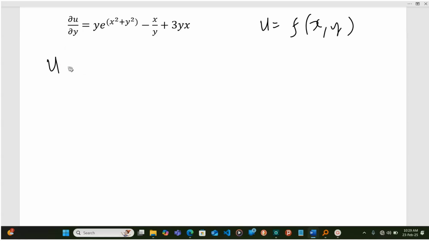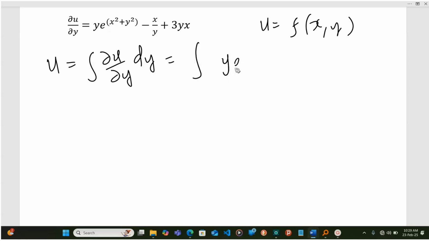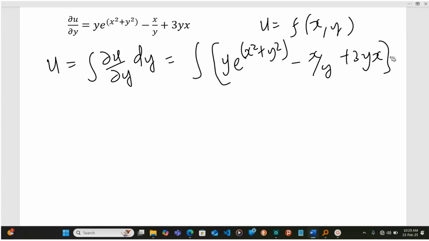So u will be the integral of ∂u/∂y with respect to y, which equals the integral of y e^(x² + y²) − x/y + 3yx, and we are integrating with respect to y.